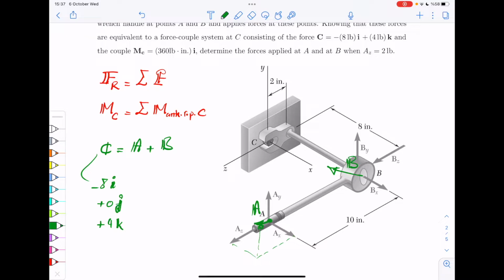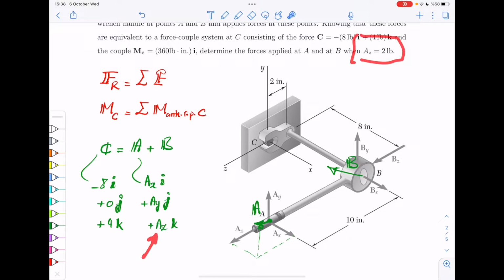So that's C. For A, this would be Ax in i plus Ay in j plus Az in k. It just happens that the question tells you Az is 2. So you can insert 2 here, and we will do it in the next step. But for now, let's just keep it parametric. The same thing for B. B is also made of 3 components, Bx, By, and Bz.